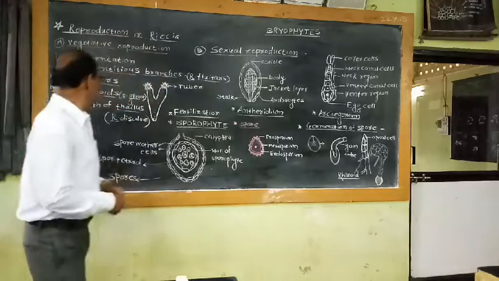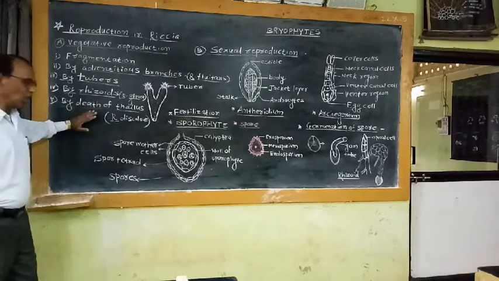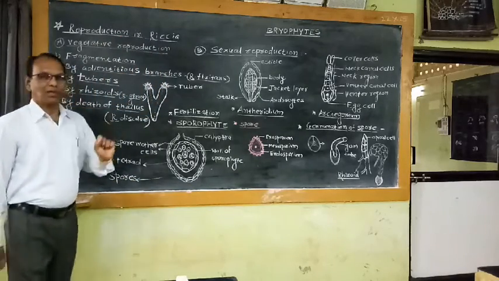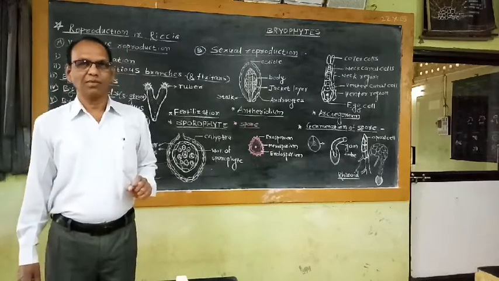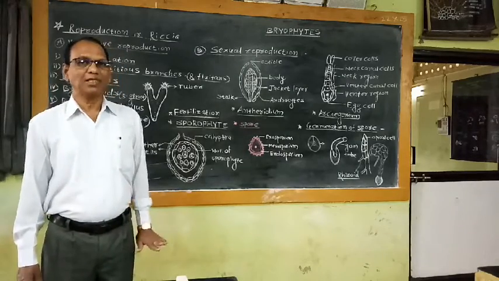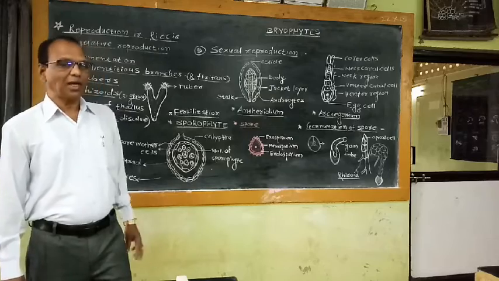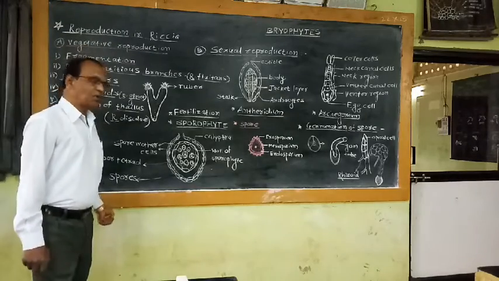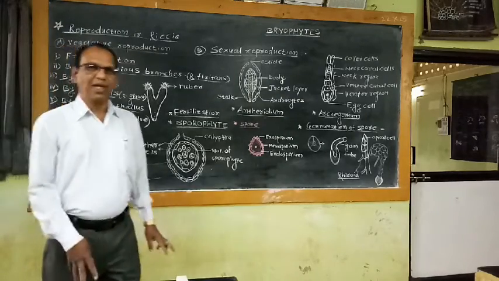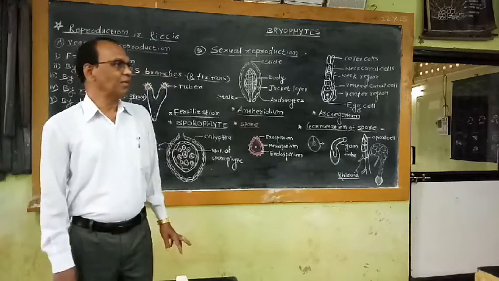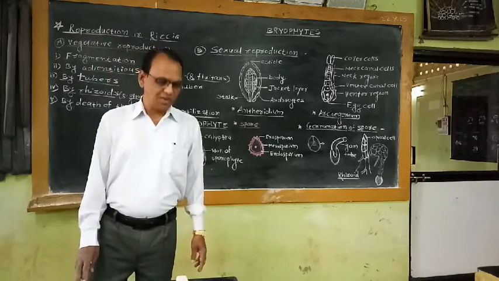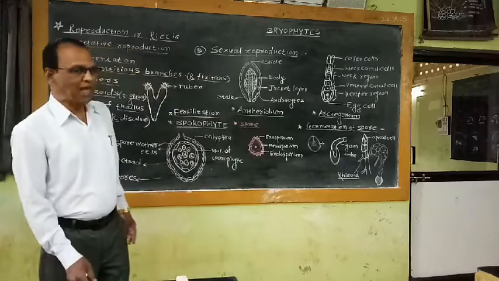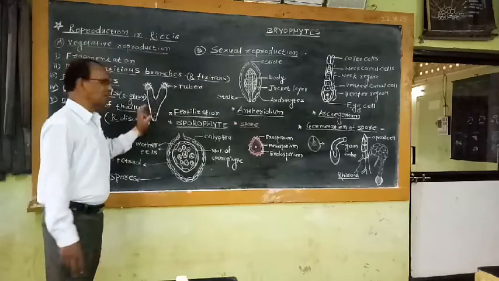So after the death of the thallus, some living cells remain in the apical region. They are buried in the soil, and after the start of the next rainy season, these cells multiply and give rise to the new Riccia thallus.